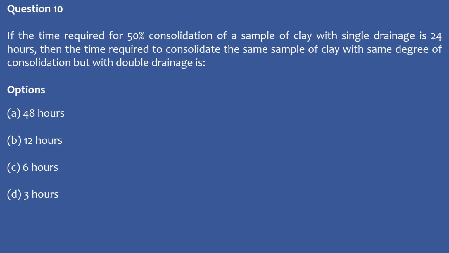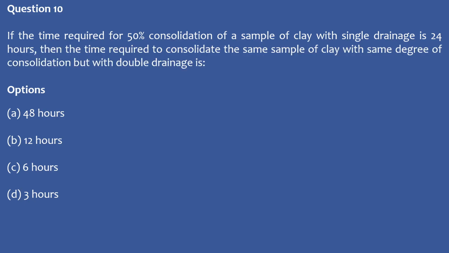So in question number 10, you have been given, let's say, that the time required for 50% consolidation of a sample of clay with single drainage is 24 hours. Then what is the time required to consolidate the same sample of clay, with the same degree of consolidation, with double drainage? In one case there is only single drainage, and in the other case you have double drainage.